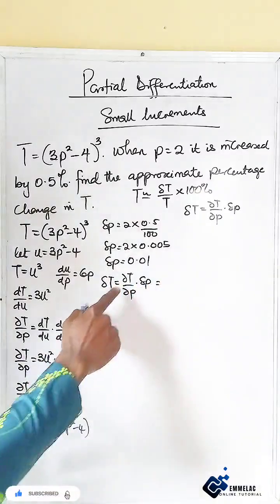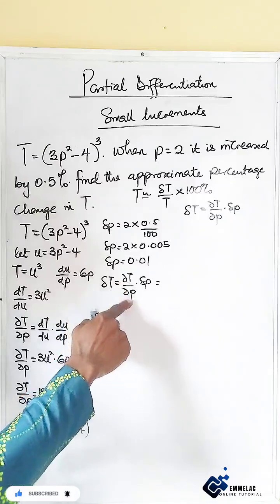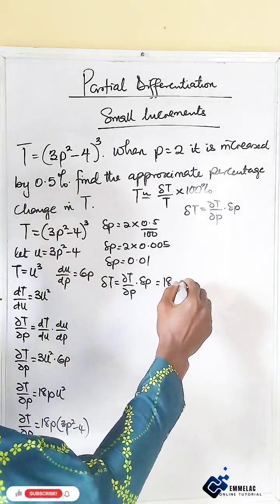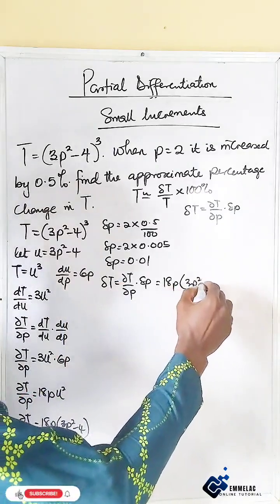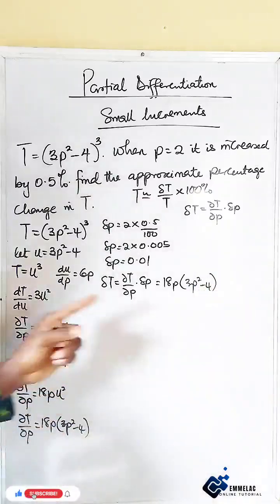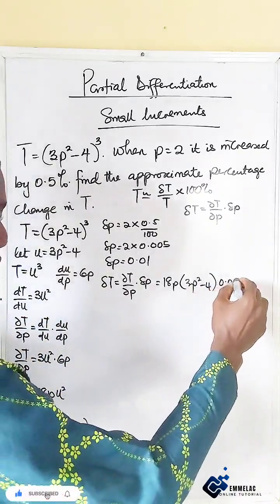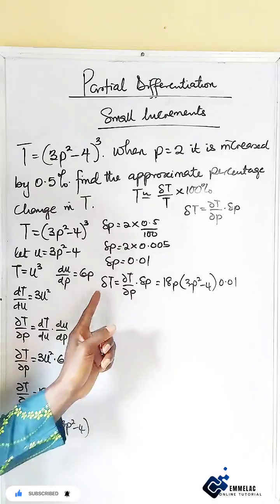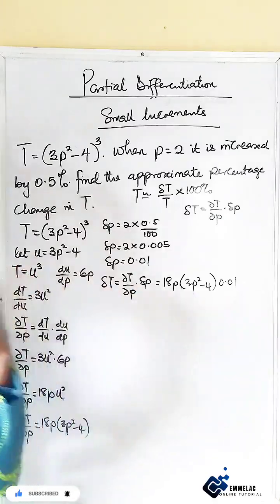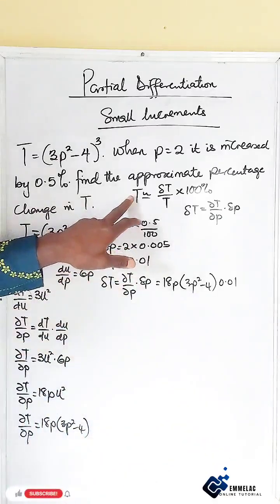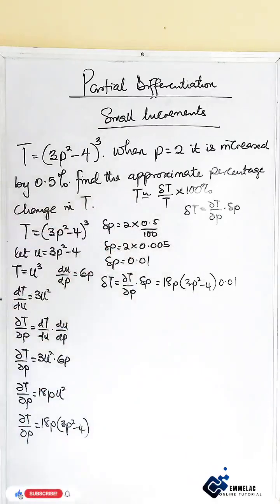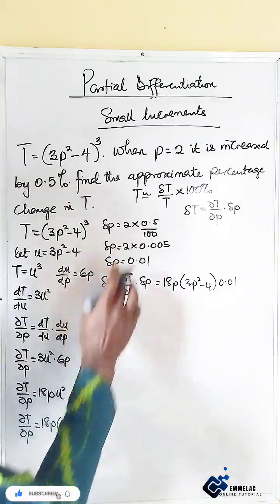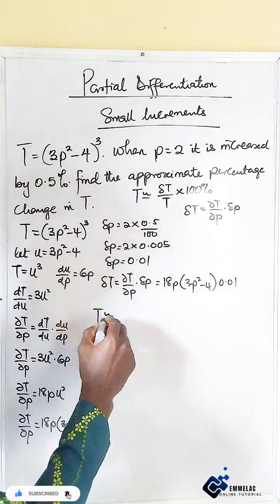So from this, we can now say that the change in t, which is this formula, plugging in the partial derivative of t with respect to p, which is this, here we have 18p into (3p² − 4)², then times 0.01. Now this is the change in t. Let us now plug it into this equation here, where t is approximate, since it's approximate percentage.